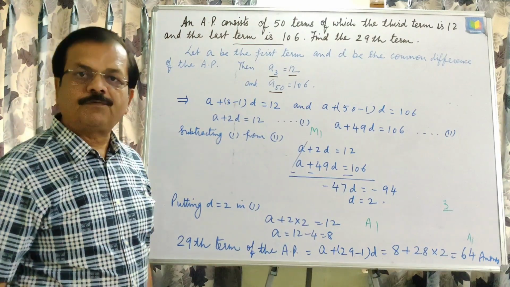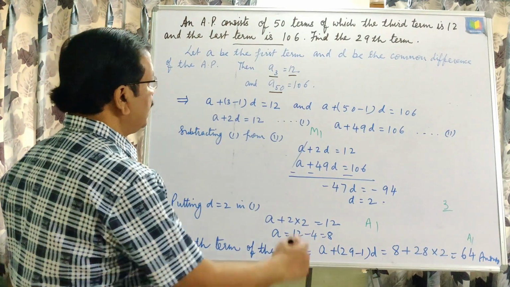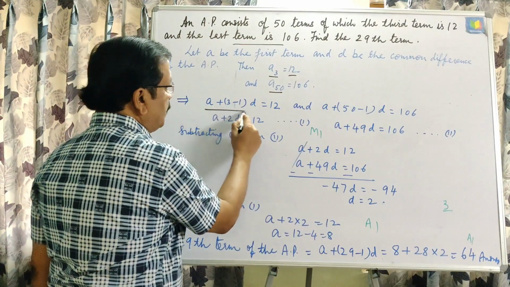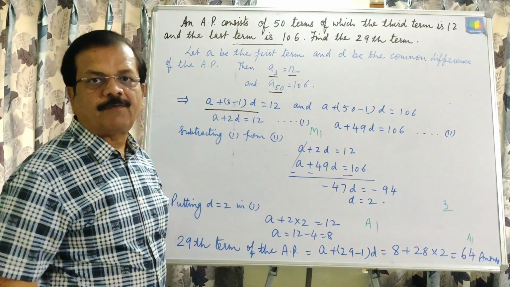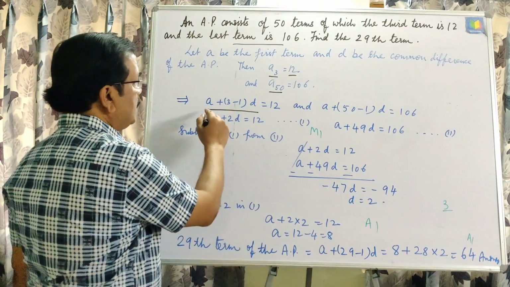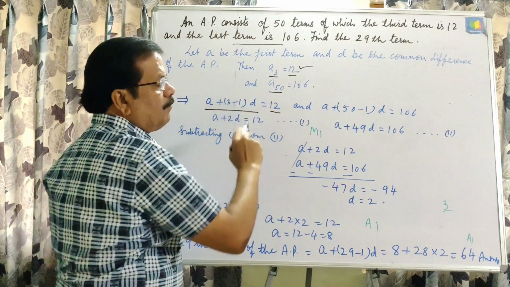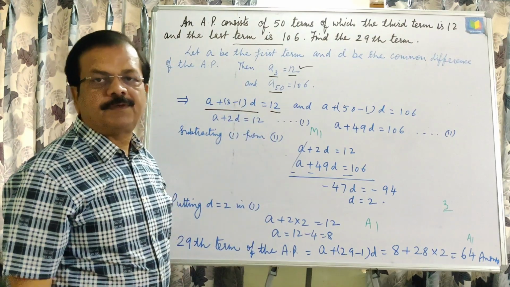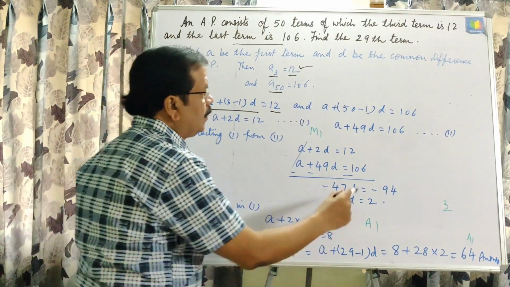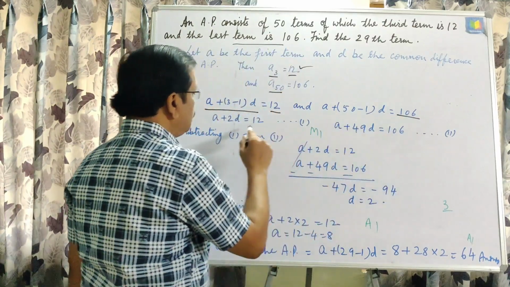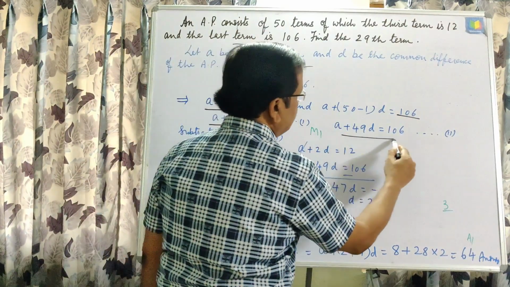We can use the formula of nth term in case of AP, A plus n minus 1 into D. In place of n, this is 3, then A plus 3 minus 1 into D is equal to 12. In the same way, for the last term, A plus 50 minus 1 into D is equal to 106. After substituting, we are getting these two equations.